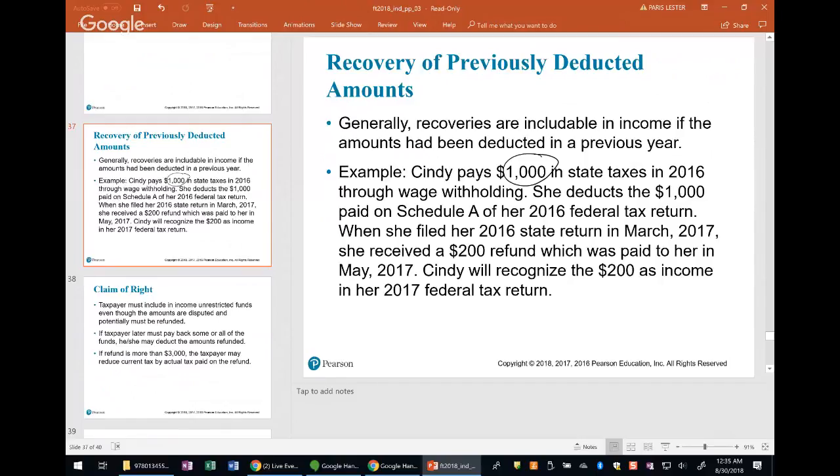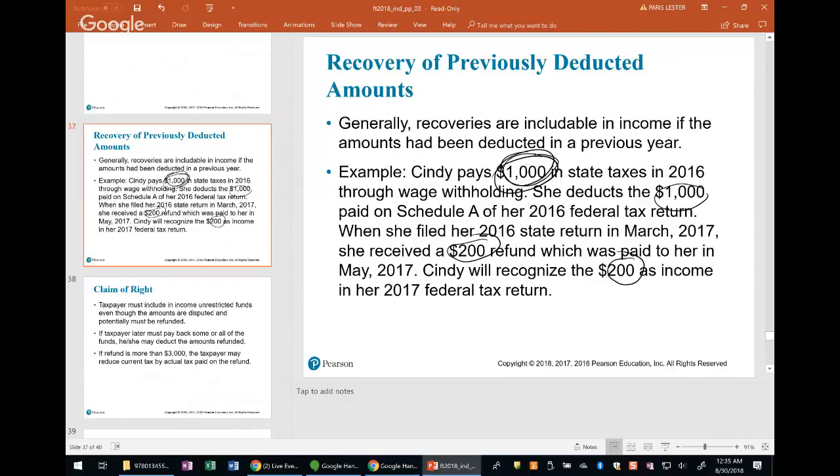All right, now look at this. In taxes, we'll come up on this. You deduct $1,000 of state taxes on your federal tax. When she files her state taxes, 2017, they received a $200 refund, which was paid to her in May. Cindy will recognize the $200 as a result. All right, what this is, you itemize, you take 1,000 in state taxes.